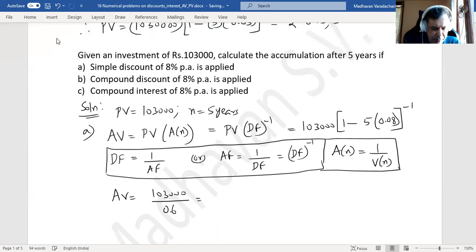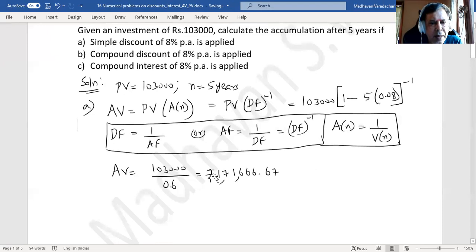If we divide that, we get rupees 171,666.67. Yes. So let us proceed to the next question.